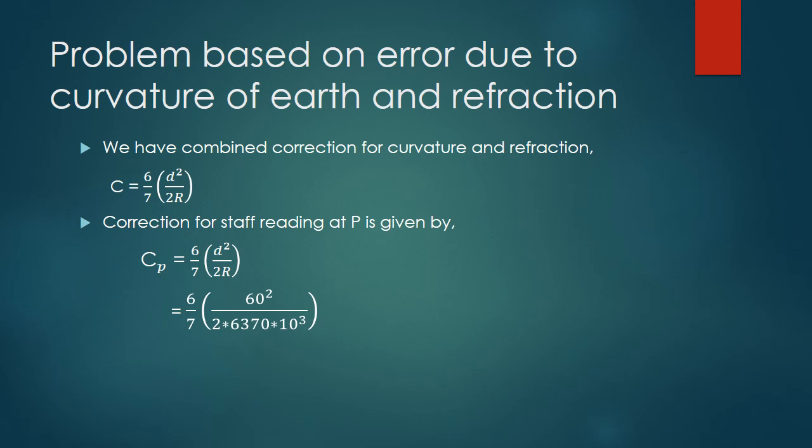Here we got a value of 0.0024 meters, which is quite small and negligible. If you want to correct it, you can, but in this problem the value is very small.